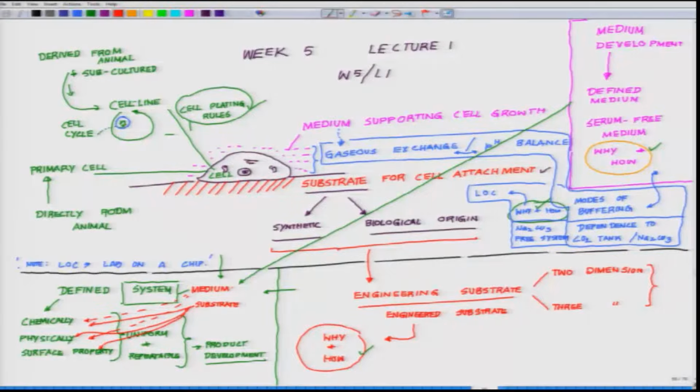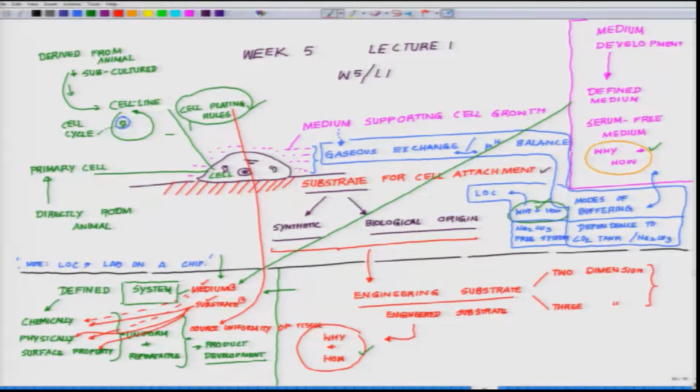Okay. So, you have medium, you have substrate, fine, and then you have these rules: source of tissue, uniformity of tissue. What does that mean?